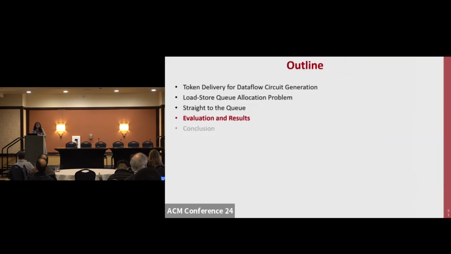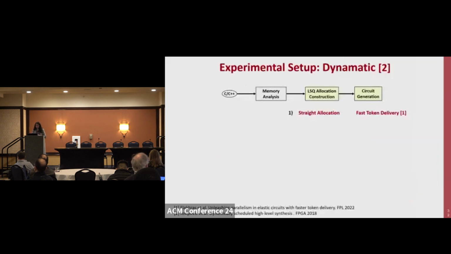And now it's time to see how we evaluated and implemented our methodology. We implemented our methodology as an LLVM pass and integrated it into a dynamically scheduled high-level synthesis tool. We used the entire infrastructure of Dynamatic as is and varied just the 2 yellow blocks I'm showing here. For the load store queue allocation, we used our approach, and for the circuit generation, we used the fast token delivery.